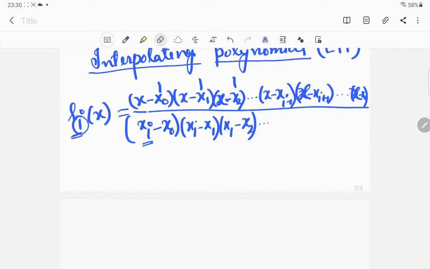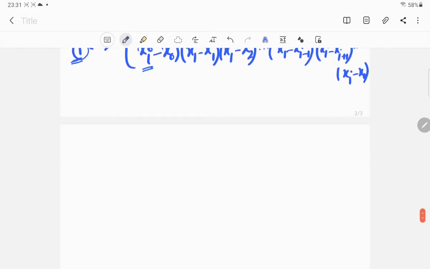And here also you see what will happen: xi minus xi minus 1, xi minus xi plus 1. So the middle step is missing. We can't write that particular term, and at last it will be xi minus xn. Okay, so let me do one example. Suppose you need to find L5x. How will you do it?